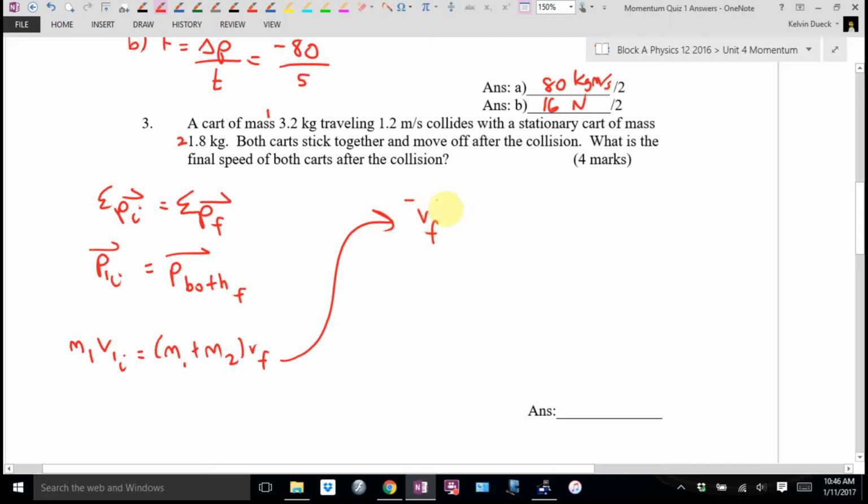The final velocity after the collision is going to be 3.2 times 1.2 divided by 3.2 plus 1.8. I don't need to put brackets around that, Mr. Duke. Can I do this in my head? Well, we're dividing by 5.